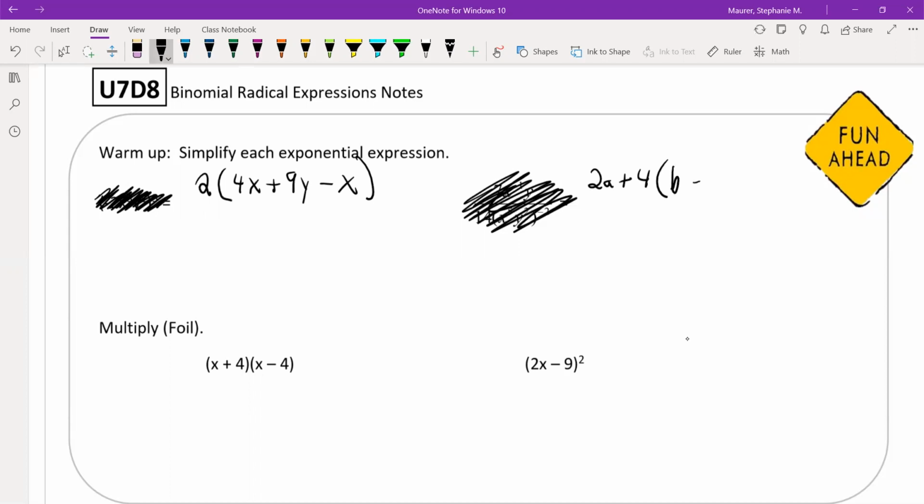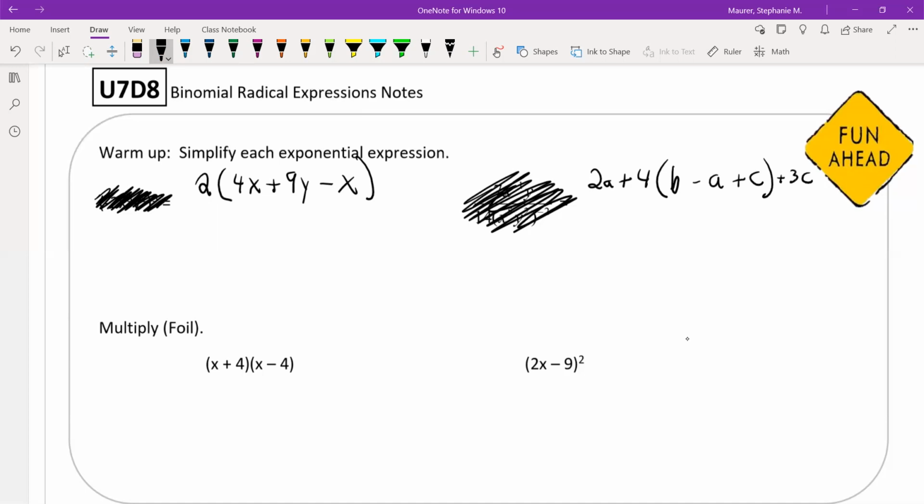I forgot we were doing a and b. b minus a plus c. And on the very end, just to change things up, we're going to add a plus 3c.